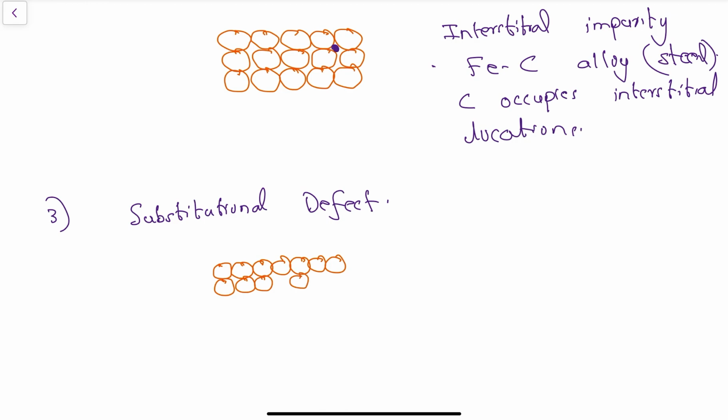If another atom replaces a regular atom from its position and occupies that position, then we will call this a substitutional impurity or substitutional defect. We will study these in detail in solid solutions. This is how an alloy forms. You can call this a substitutional defect or substitutional impurity.